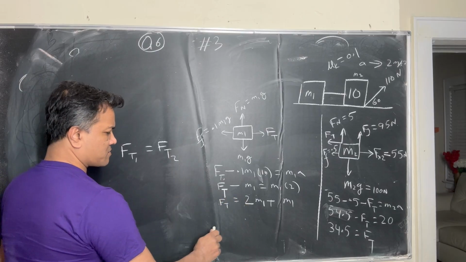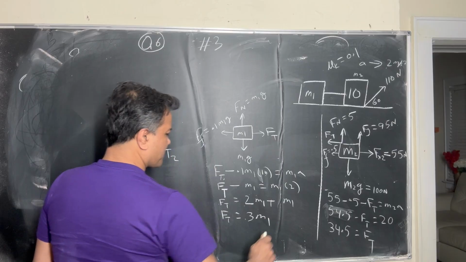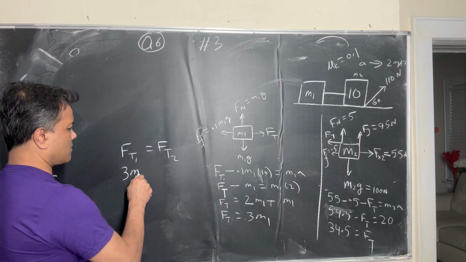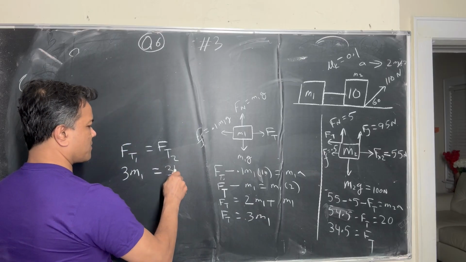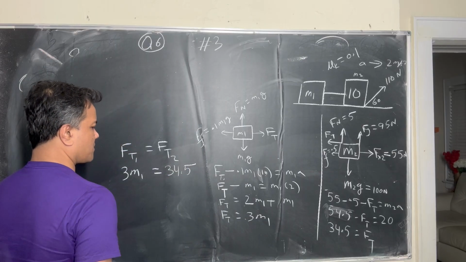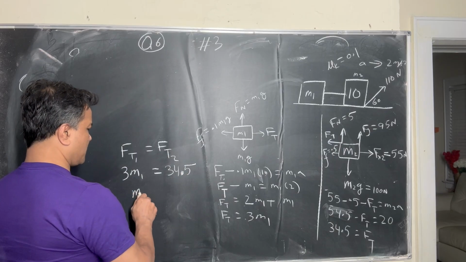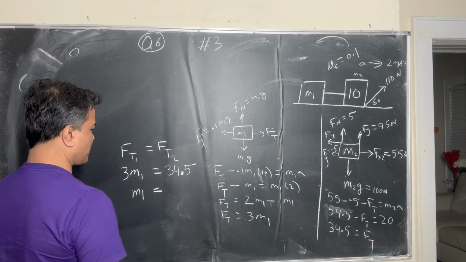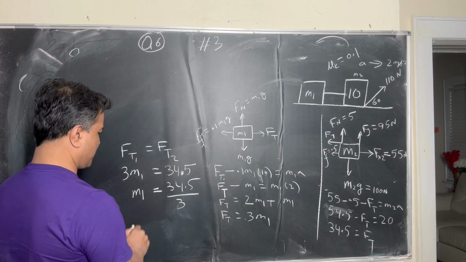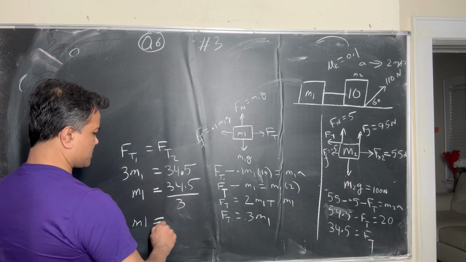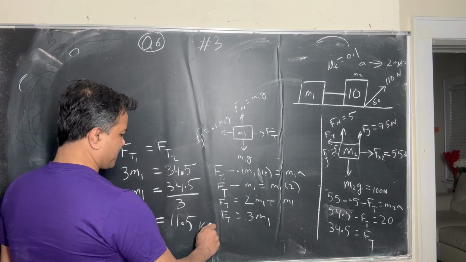Oh, so I better say 3m1. Ft2 is 34.5. So m1 is equal to 34.5 divided by 3. So m1 is 11.5 kilogram.